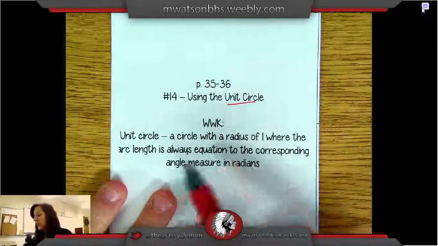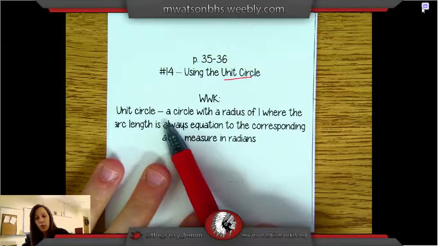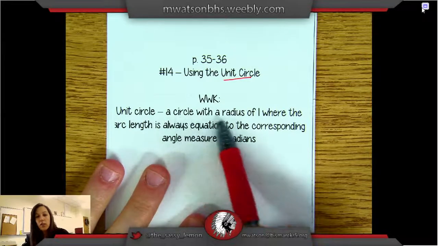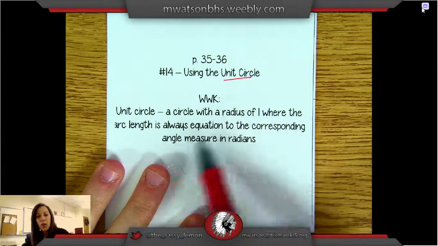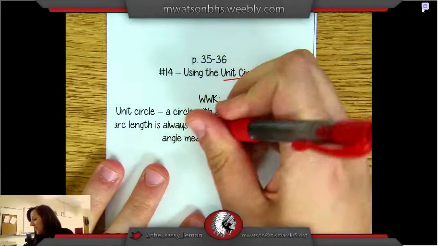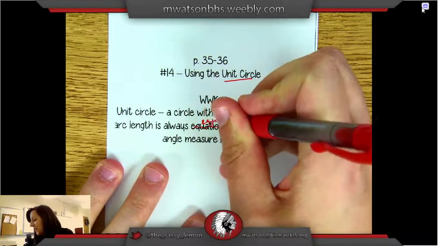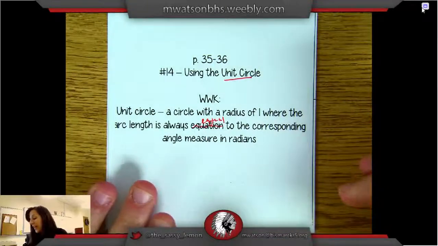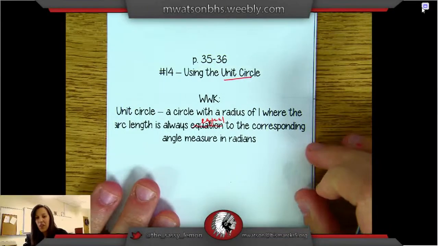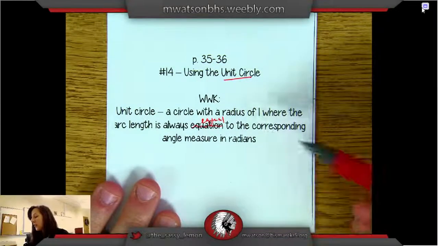So a unit circle, you should have already written this in your Words Worth Knowing, is a circle with a radius of 1 where the arc length is always equal to the corresponding angle measure in radians. So let me say that one more time. This is a circle with a radius of 1.